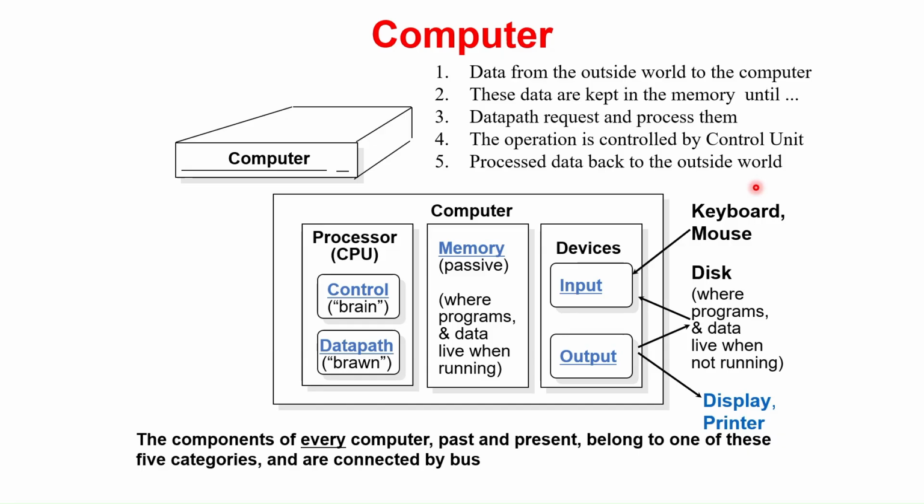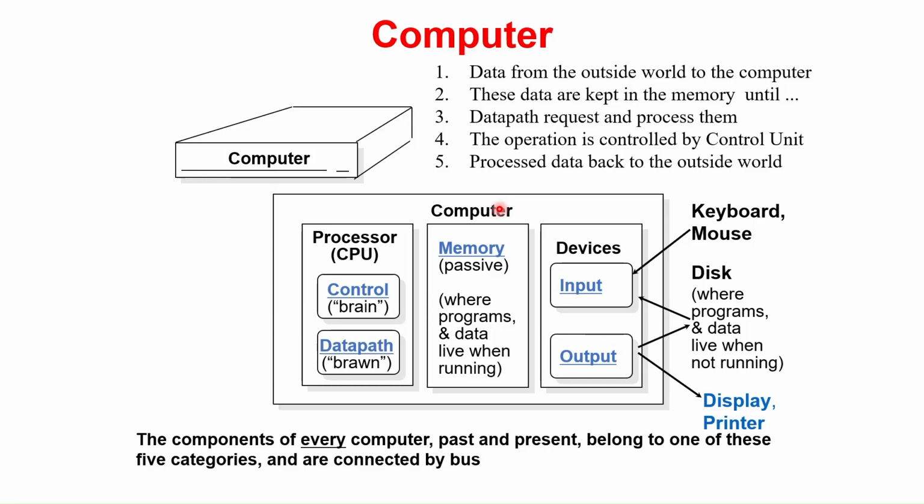Now let's look at the five main components of every computer, which are shown in this diagram. First is the processor or CPU, which consists of two parts: the control unit, which acts as the brain and directs operations, and the data path, which does the actual processing and serves as the brawn. Next is memory. Memory is where programs and data live while they are running.